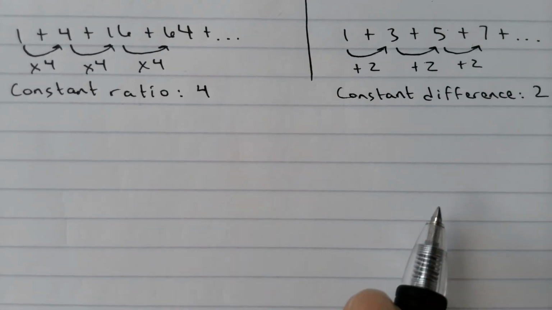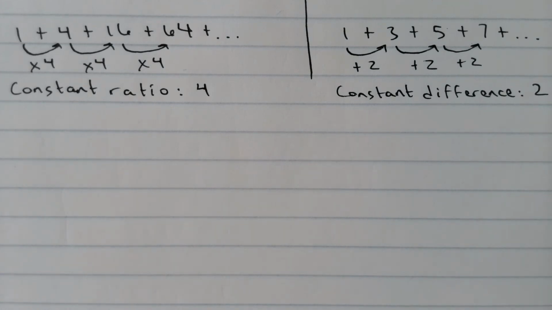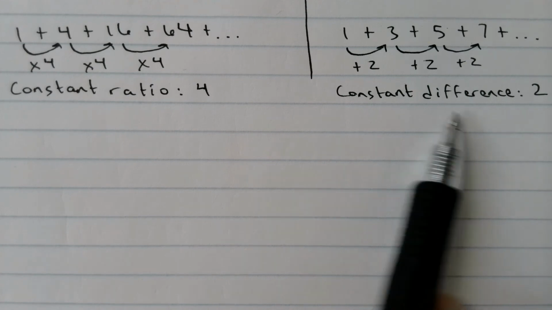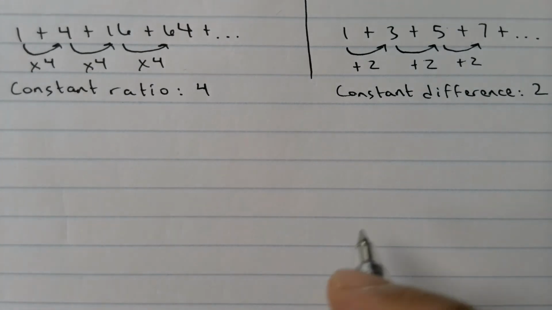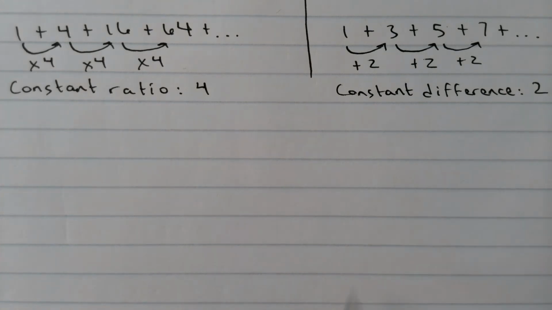Now in terms of which method to use, it really comes down to whether you have a series that has a constant difference or a constant ratio. In the definitions, it actually gives you the key to finding out which method to use. In the definition of the Gauss method, it's a method on how to find the sum of a sequence with a constant difference.